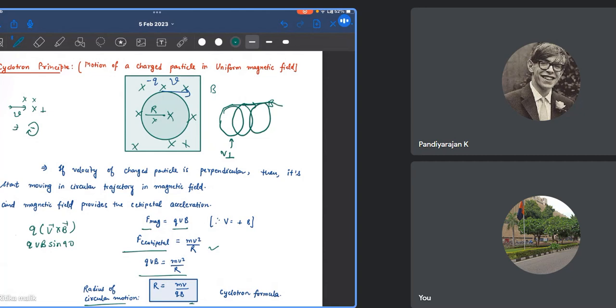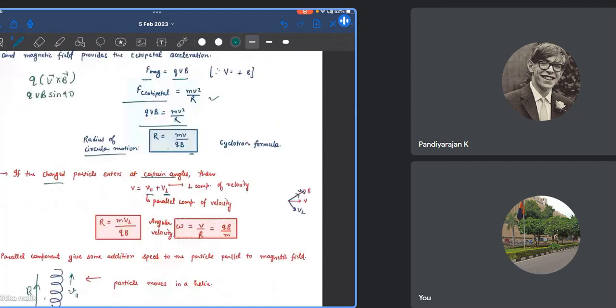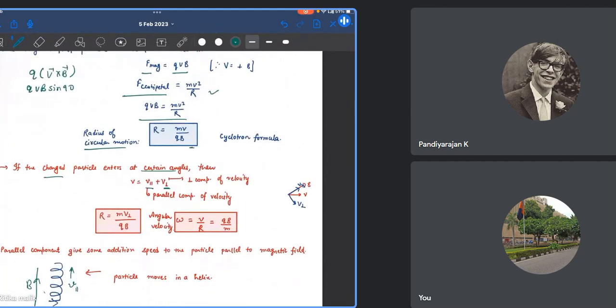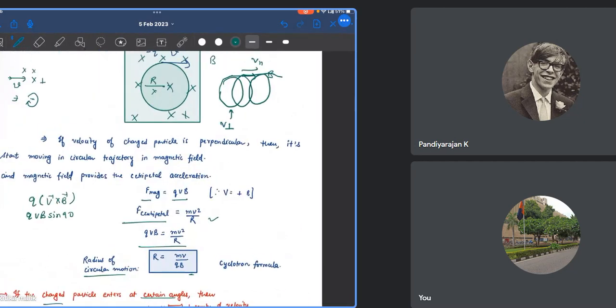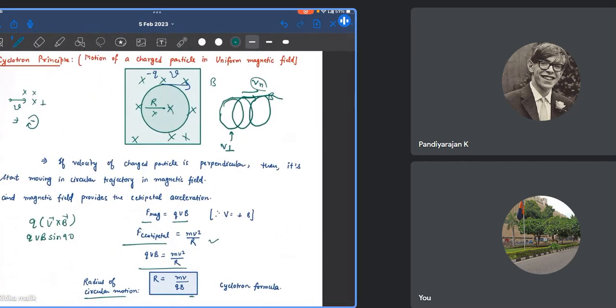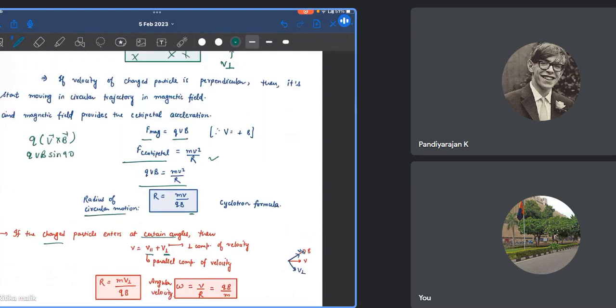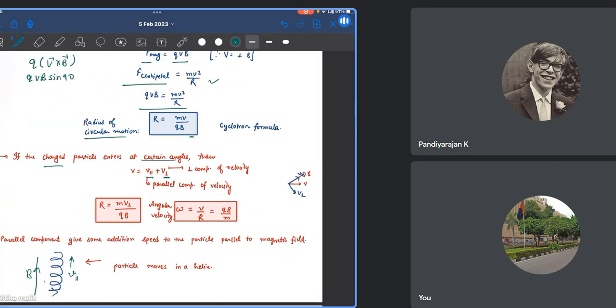This kind of motion is known as helical motion. This motion is due to the parallel component of velocity, which is not affected by the magnetic field, so it simply moves the particle along.